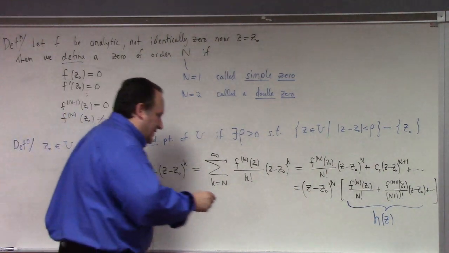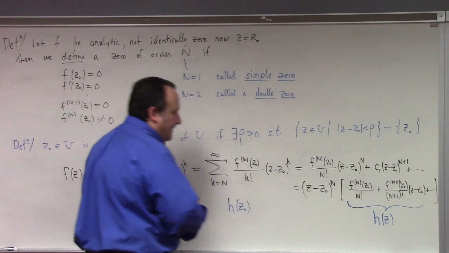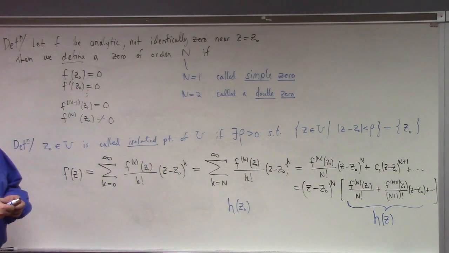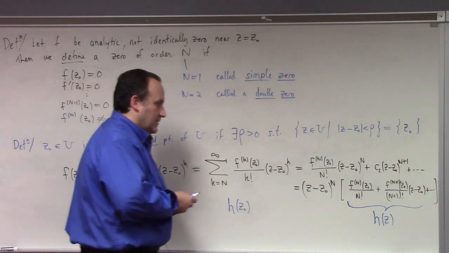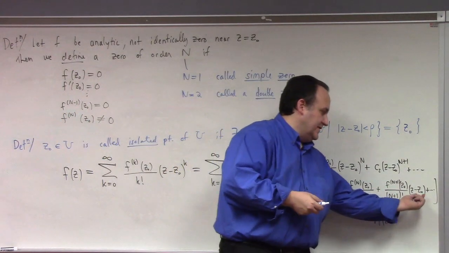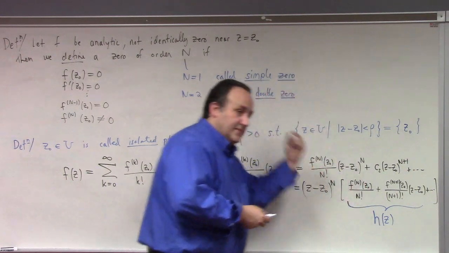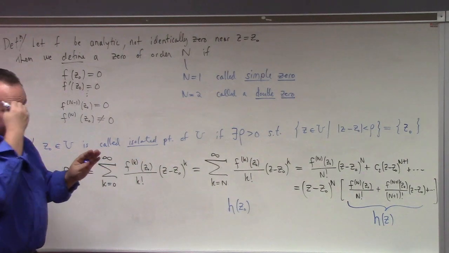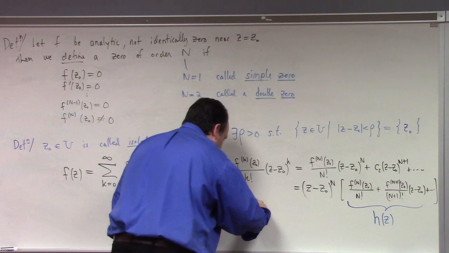What can you tell me about h of z naught? Well, h of z naught, everything is 0 except for what? Except for the first term, right? If you plug in z naught into the formula for h of z, everything drops down to nothing except for the first term.